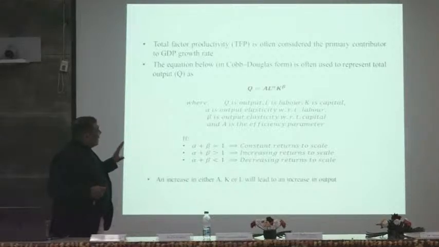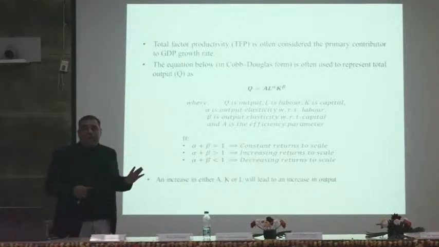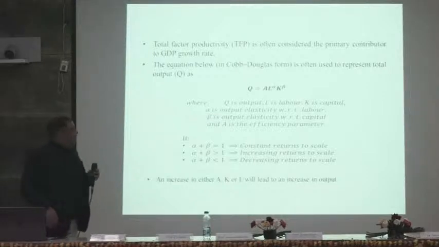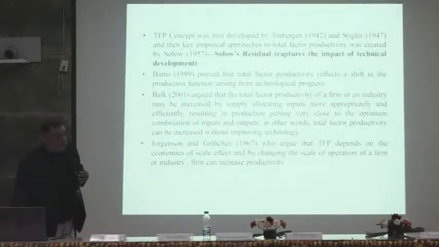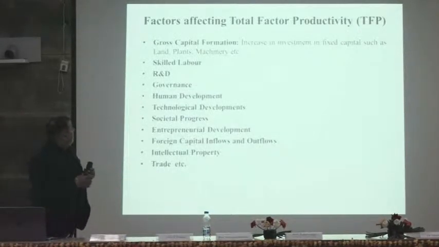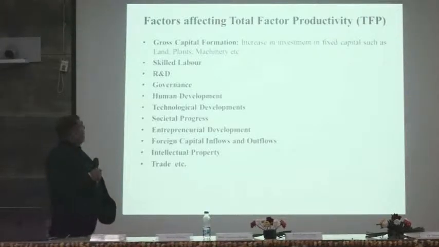So that means if you are taking labor and capital, you need to focus on both. These elasticities are also very important when you want to increase production. Now the question is: what are the factors that actually affect total factor productivity?